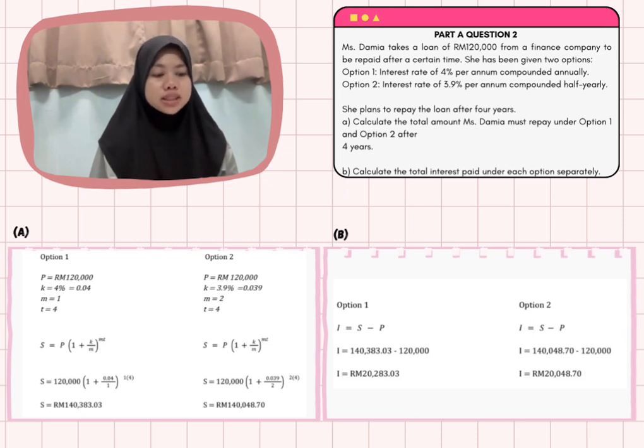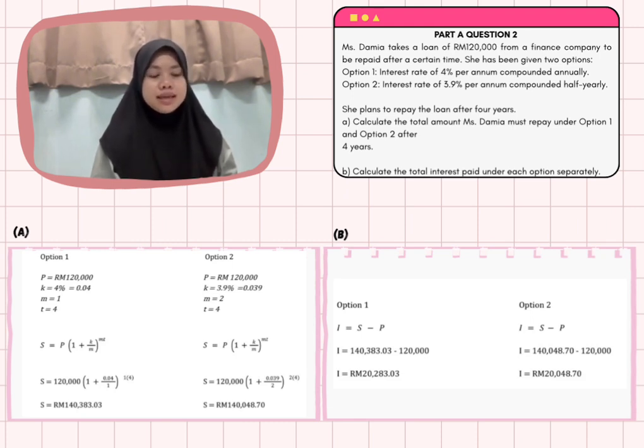Based on the formula, put all the information, then solve the problem with calculator, and the final answer for option 1 you will get RM140,383.03. Option 2, you just use the same formula and same steps, then the final answer RM104,048.70.